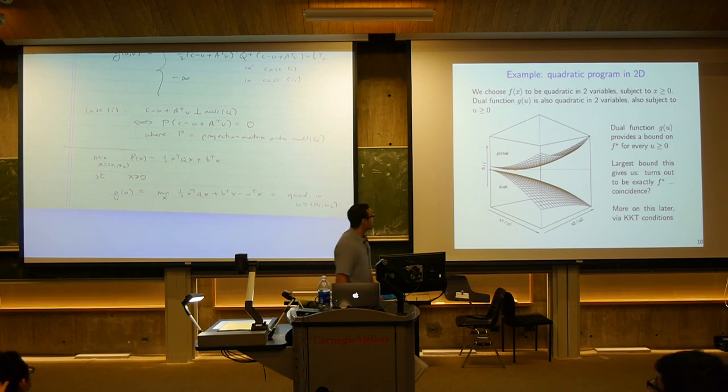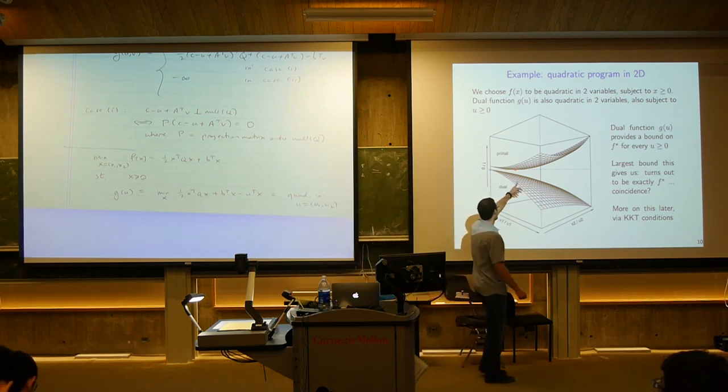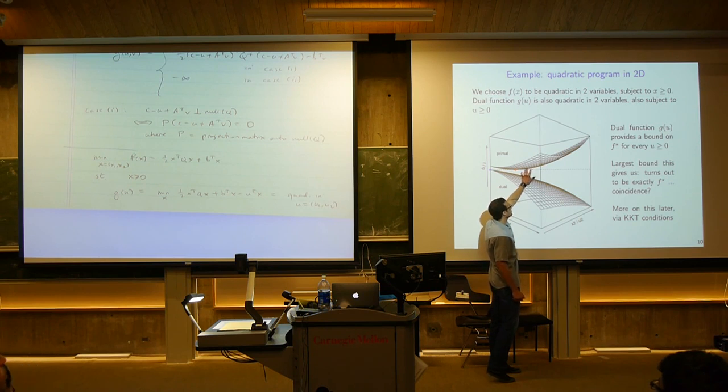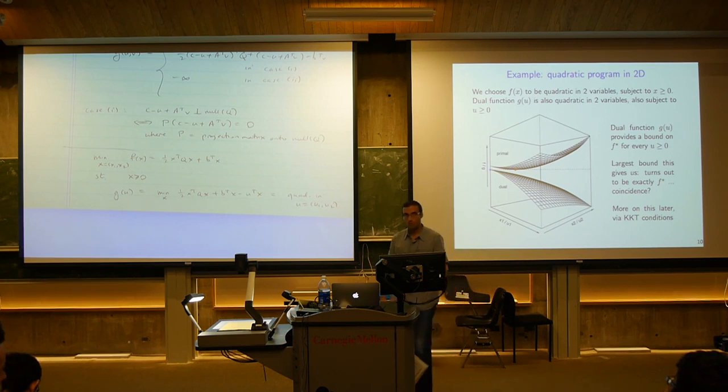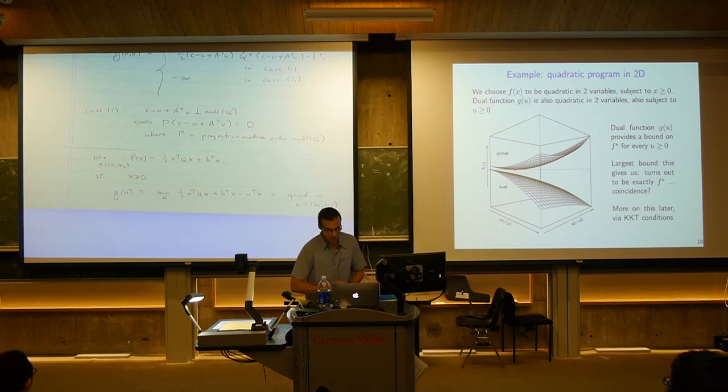So that's what I'm showing you here. In this case, this is just a graphical depiction of that particular quadratic I chose, a quadratic surface over the non-negative orthant, x1, x2 both being bigger or equal to 0. And I'm also plotting the dual function in this case, right?